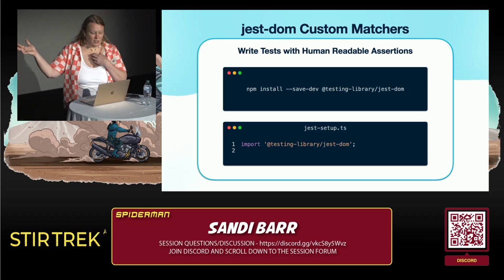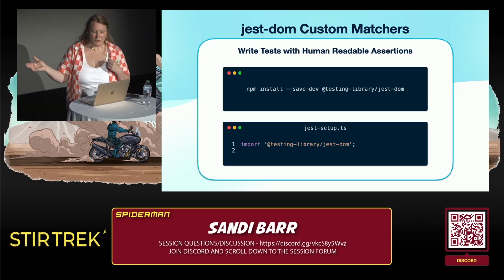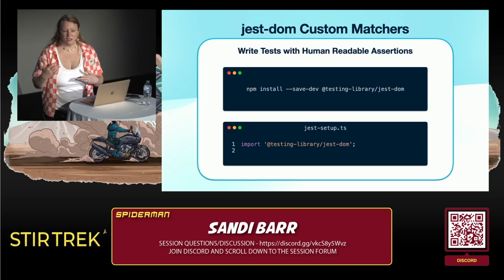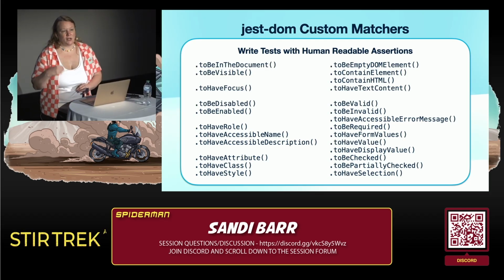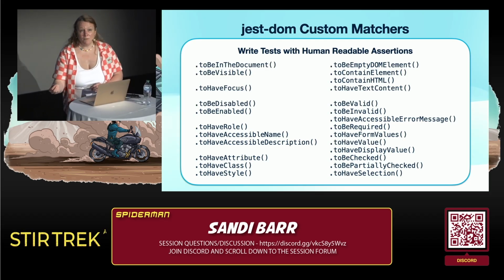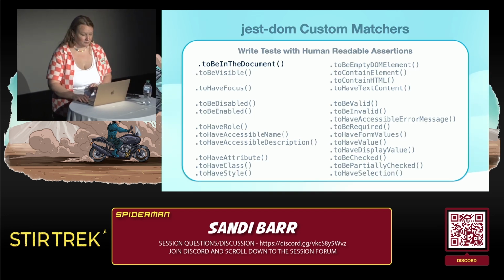Once installed, you'll want to import jest-dom in your test setup, and then those matchers will become available in all of your tests. jest-dom's matchers don't actually require that your queries come from testing library. It actually does work with any DOM-based testing library or framework.